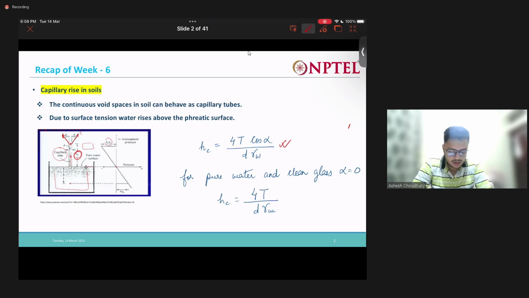For pure water and clean glass, the angle alpha the surface tension force makes with the surface of the tube is 0, so the height of the liquid is 4T by d gamma w.